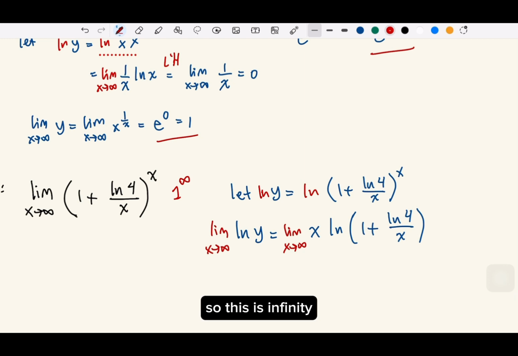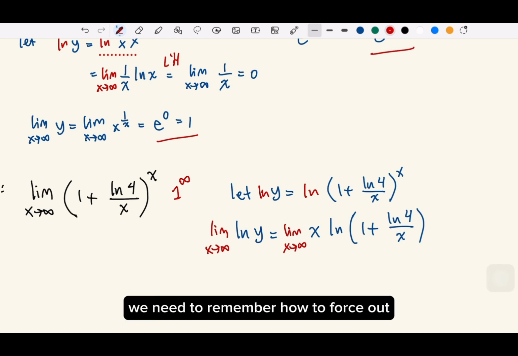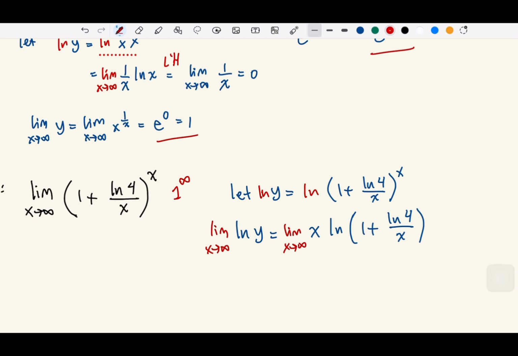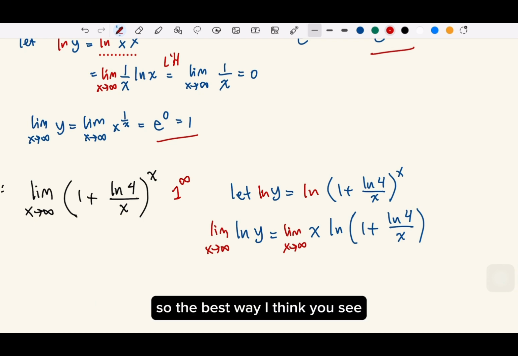So this is infinity times 0, right? It's not good, right? So to work this out, we need to remember how to force out 0 over 0 or infinite over infinite from here. Okay. So the best way, you can have two choices.